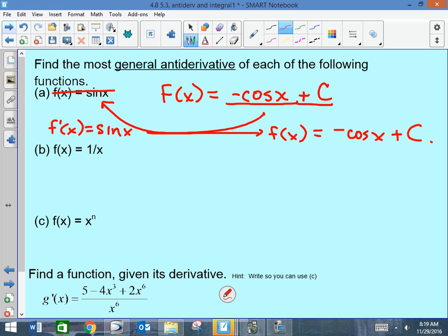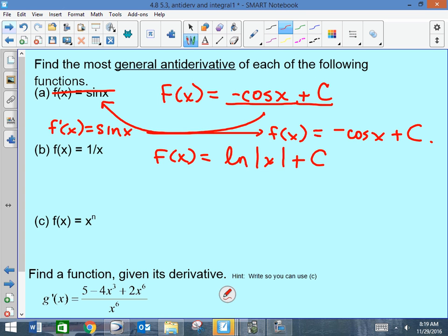They'll also call it the antiderivative. So what's big F over here, which is the antiderivative? When do we get ln of x? Good. Now, the most general is the absolute value. That's the most general because that is more general than just ln x.